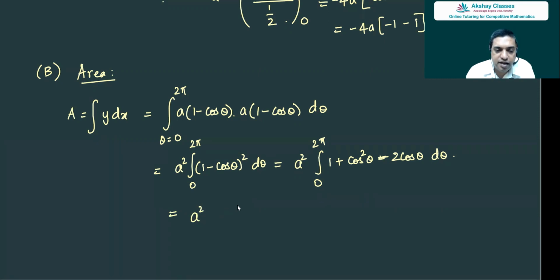Cos square theta can be written as (1 plus cos 2 theta) upon 2, minus 2 cos theta. It's just a matter of solving the integral.